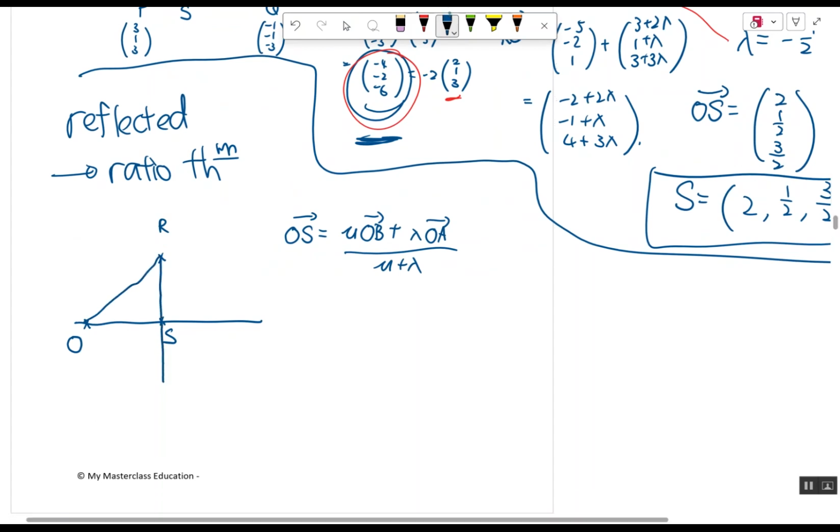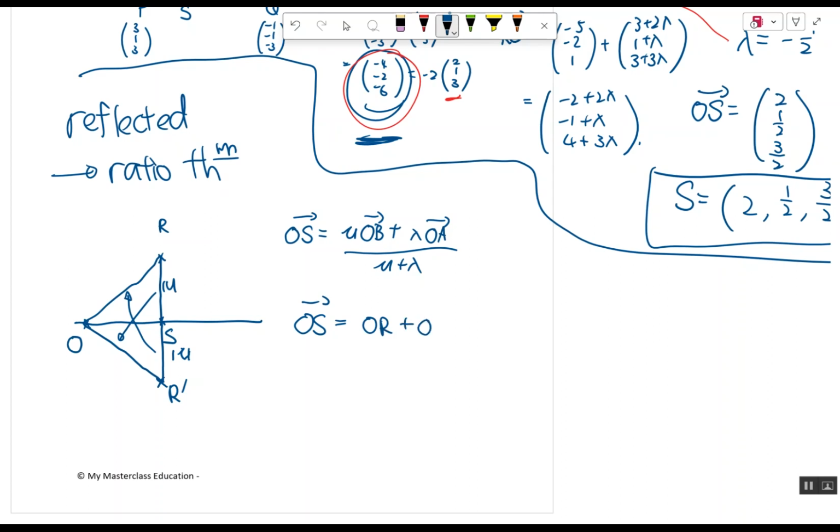It means that there is a point here called R prime that is over here, 1 unit and 1 unit. So if you draw the cross, it's quite easy to get the answer by applying this. OS, which is the middle one, is equal to 1 times OR plus 1 times OR prime over 1 plus 1, over 2.